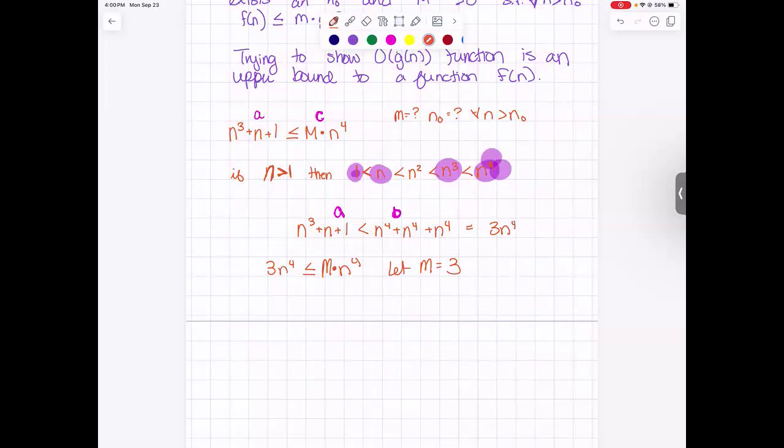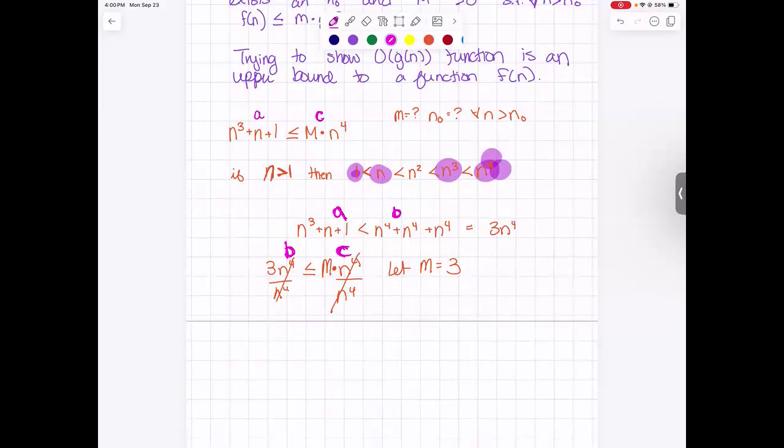Divide both sides by n to the 4. And we can see that m needs to be greater than or equal to 3. So now we've been able to prove that our new found B is less than or equal to C. And so then we're able to now say that our A is less than or equal to C.